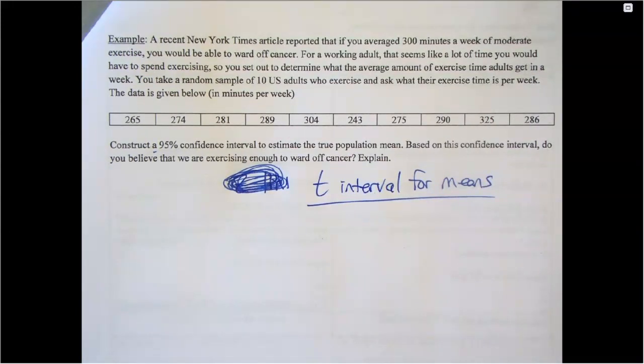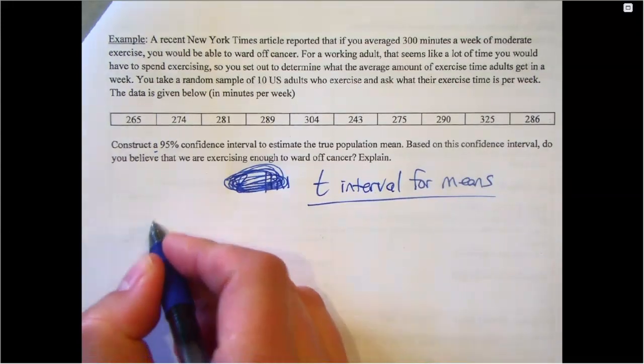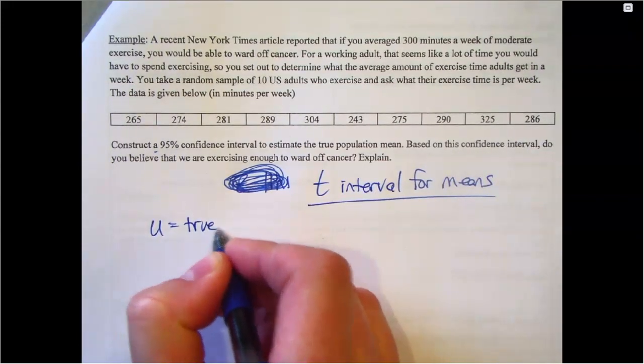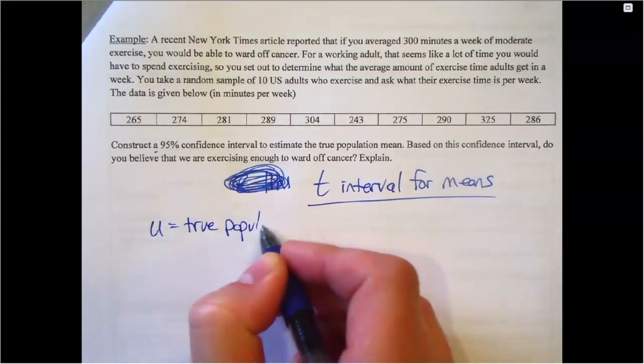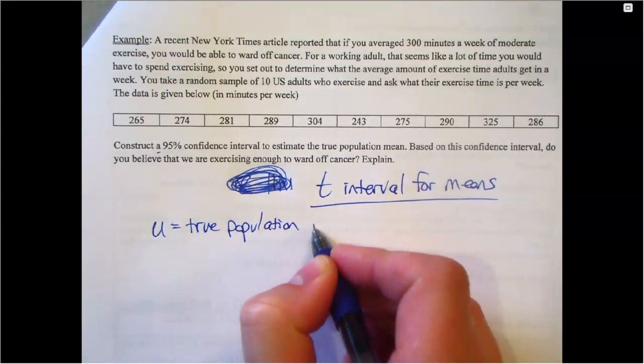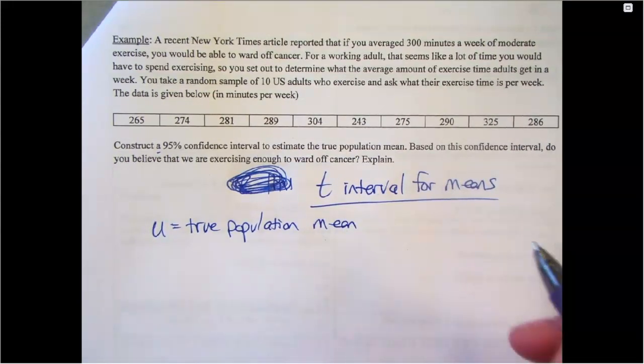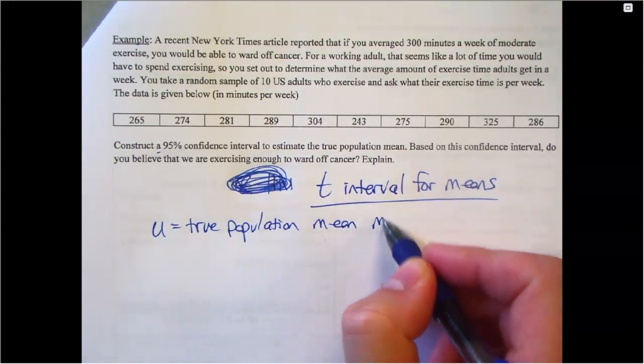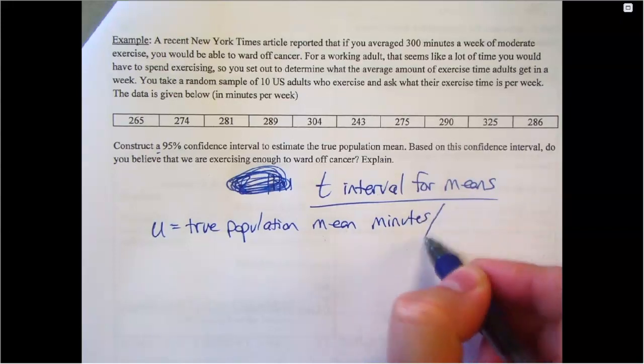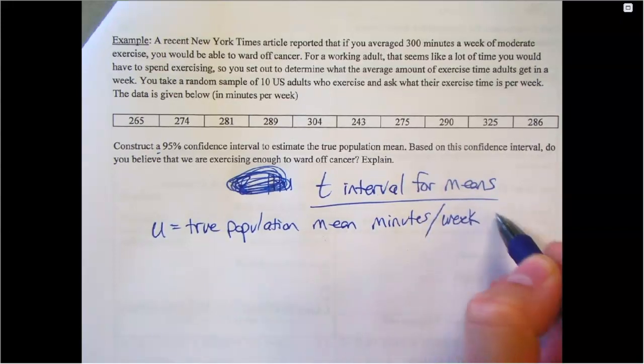So that's why the calculator says T. So I just try to reinforce. So mu equals the true population mean minutes per week of exercise. 300 minutes.